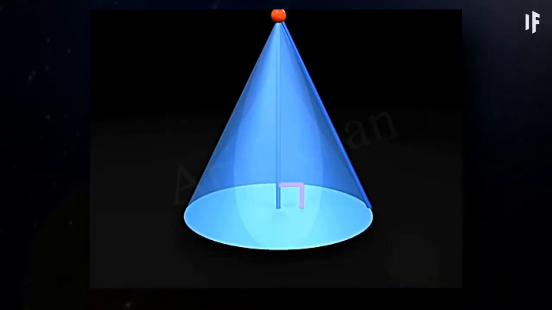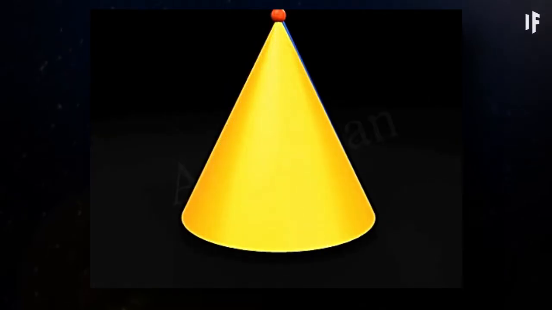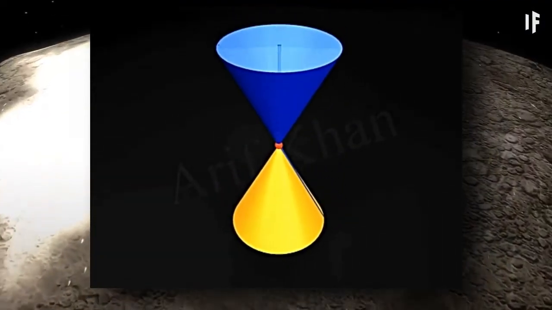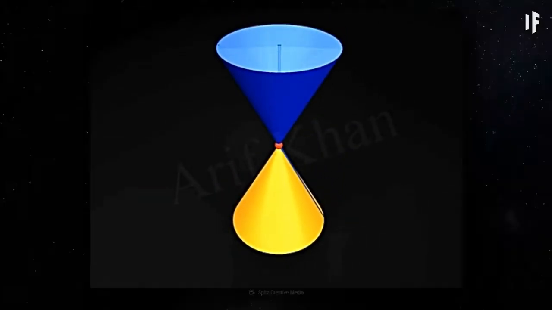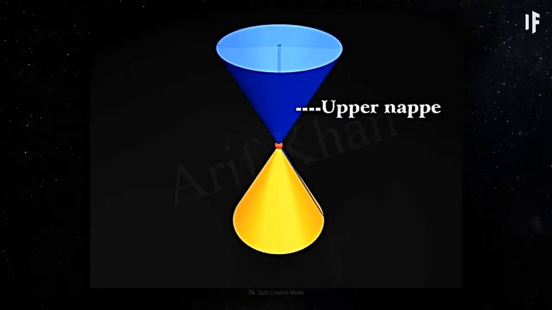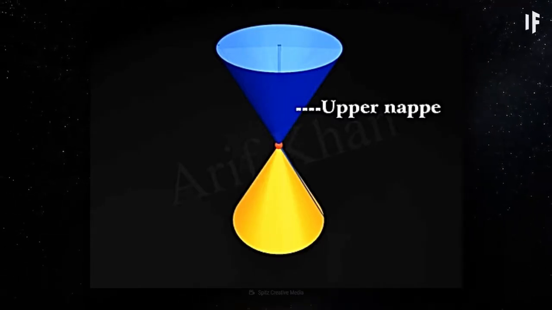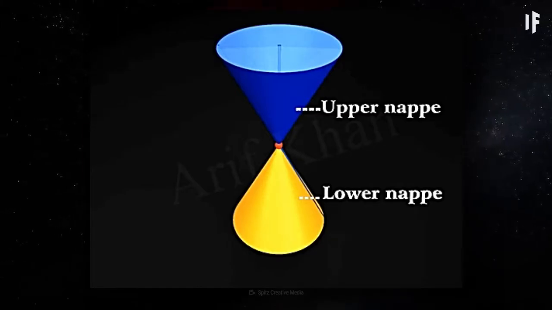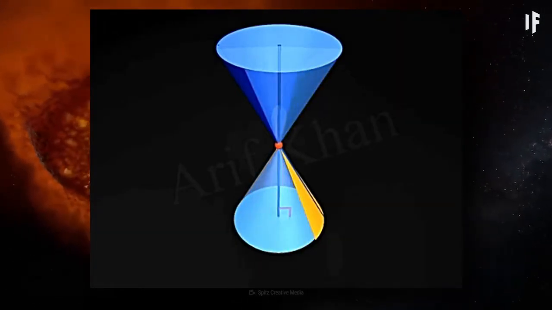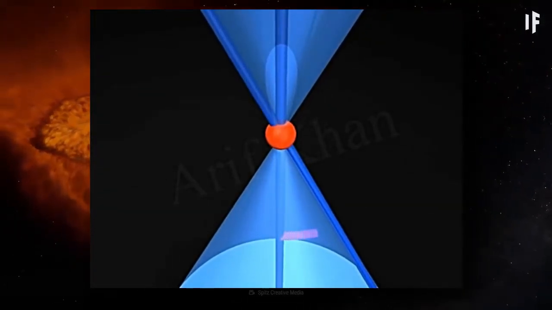The lateral surface of the circular cone is called a nappe. A double right circular cone has two nappes. The nappe above the vertex is called the upper nappe, and the one below the vertex is called the lower nappe. Also, the angle between the generator and the axis is called the vertex angle.